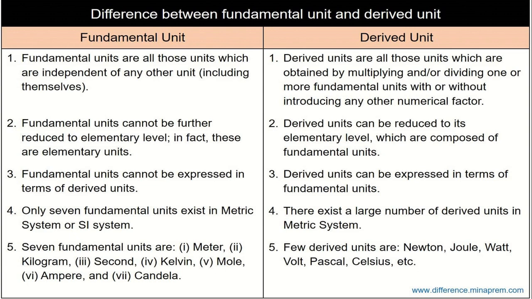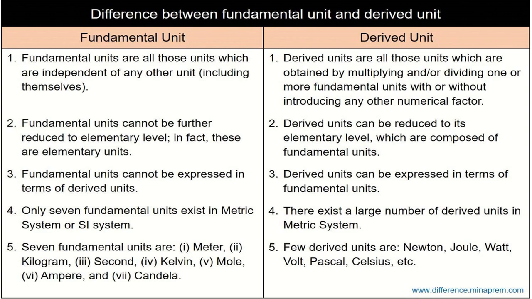Fundamental units cannot be further reduced because fundamental unit is self-independent. It doesn't depend on other unit, so it cannot be reduced to elementary level. But derived unit can be reduced to elementary level. Fundamental units cannot be expressed in terms of derived unit, but derived units can be expressed in terms of fundamental unit.